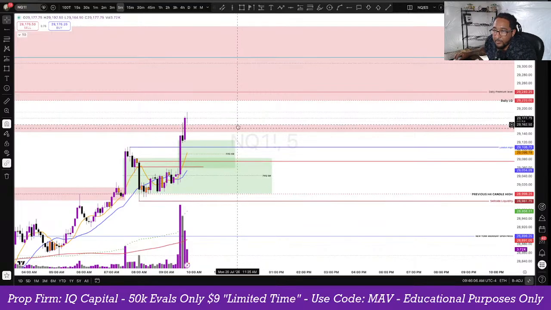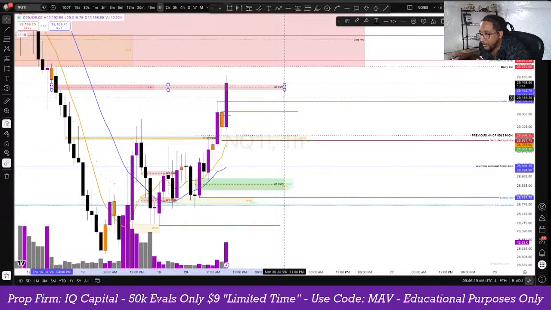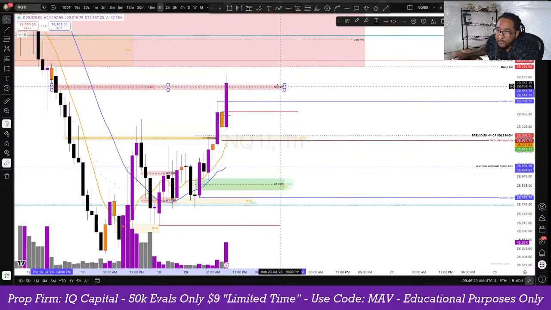So we tapped into this 1 hour inefficiency here. I don't put too much weight on that right now, because we haven't inversed that 1 hour. Got about 13 minutes left on that 1 hour candle.